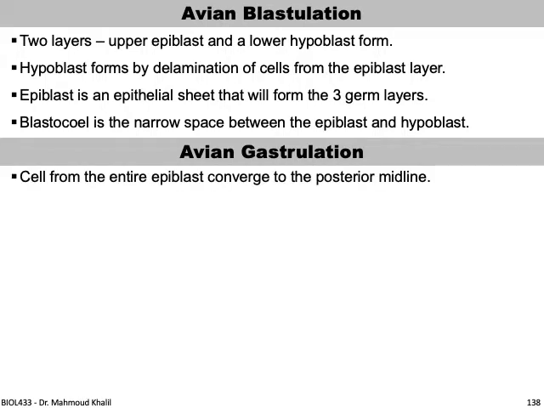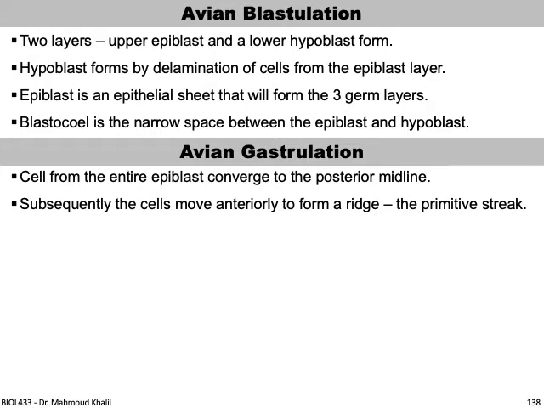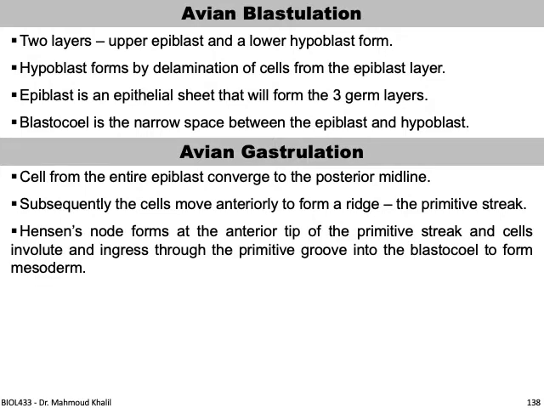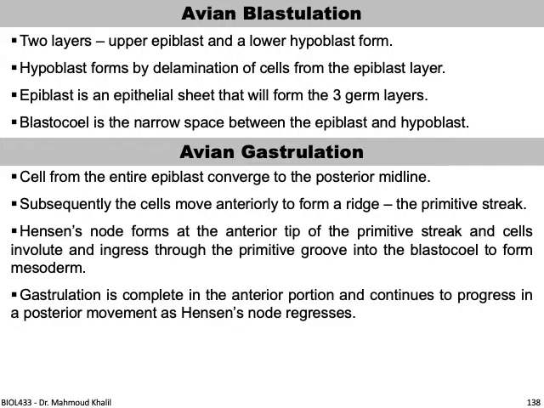During gastrulation, cells from the entire epiplast converge to the posterior midline, as we have said before, forming the primitive streak. Subsequently, these cells move anteriorly to form a ridge, the primitive streak. Hensen's node forms at the anterior tip of the primitive streak, and cells involute and ingress through the primitive groove into the blastocele to form the mesoderm.